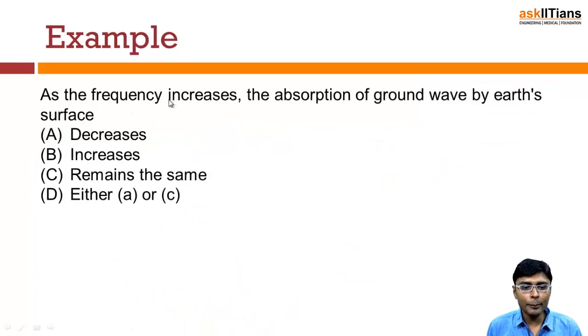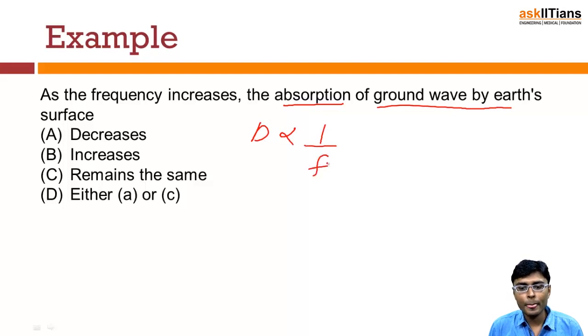Moving on to the next example, it says that as the frequency increases, the absorption of ground waves by Earth's surface decreases, increases, remains the same, either A or C. We have already seen that the distance of communication depends on the frequency and is inversely proportional to it.